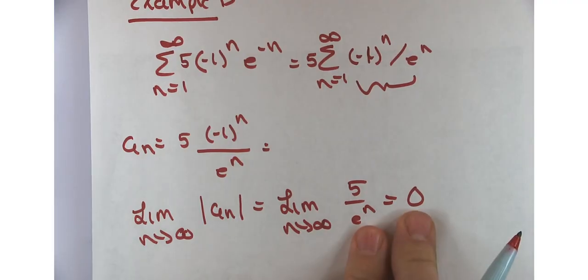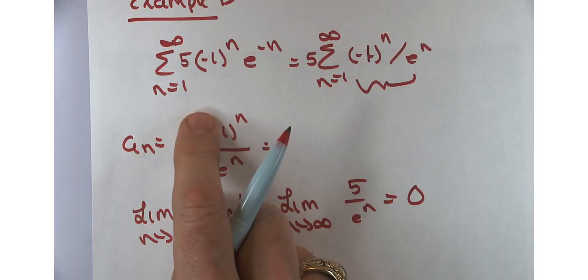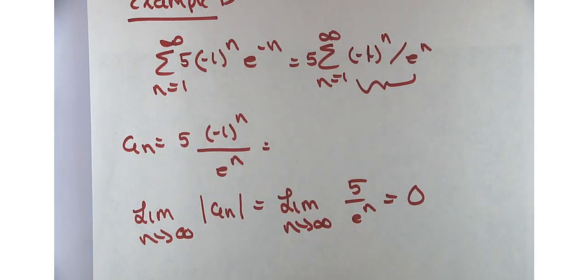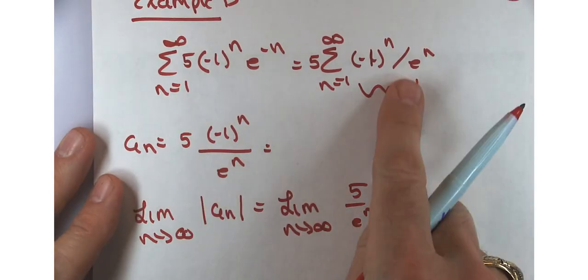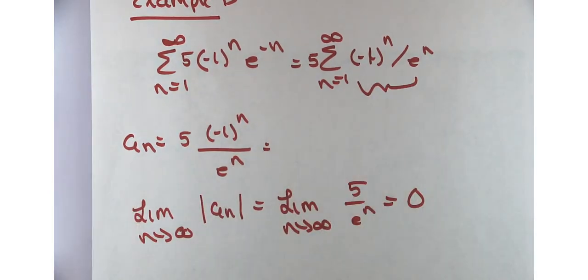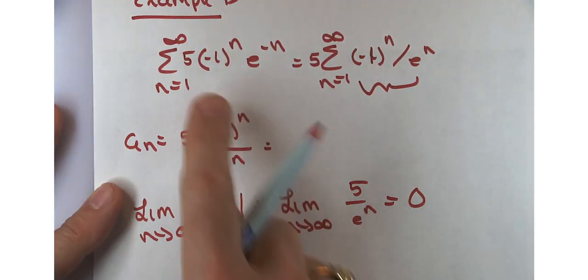Previous one diverged. But this one, we really don't need the series to alternate in order for this to get convergence. So this one would converge even if the series didn't alternate.